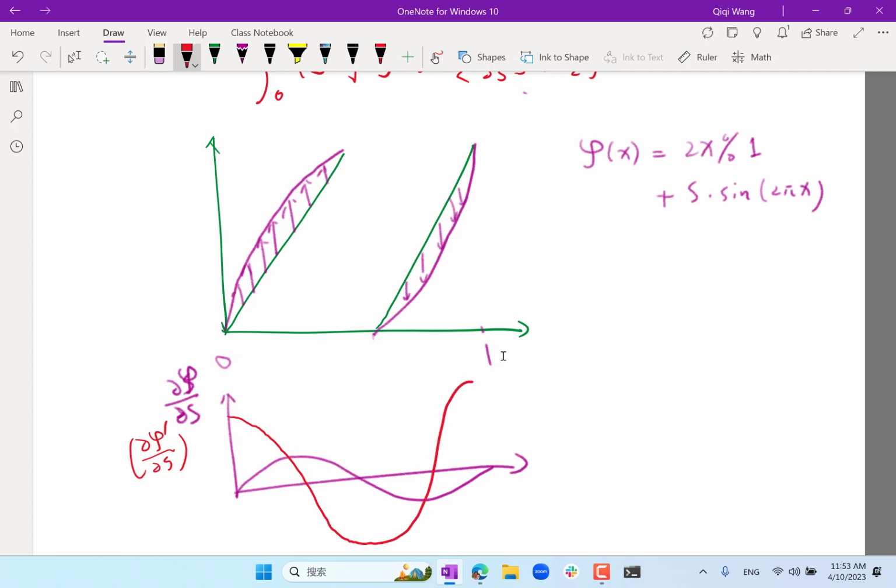So what does it mean? It means that when I'm perturbing the function so that the slope is getting bigger, okay, this is positive.